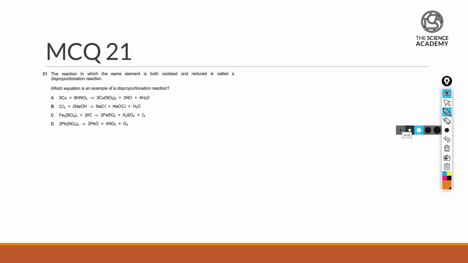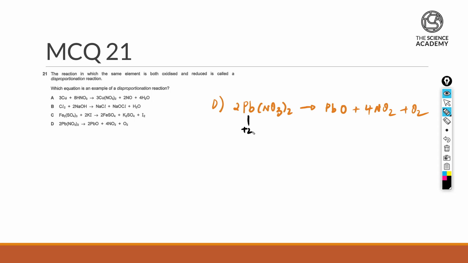Now the final comparison here for D. We're going to have lead-2 nitrate becoming lead-2 oxide plus 4 nitrogen dioxide plus oxygen. Writing out the oxidation states, I have +2 for lead, -2 for oxygen.